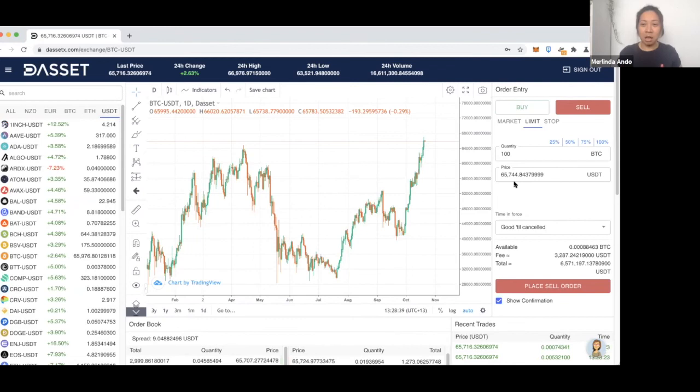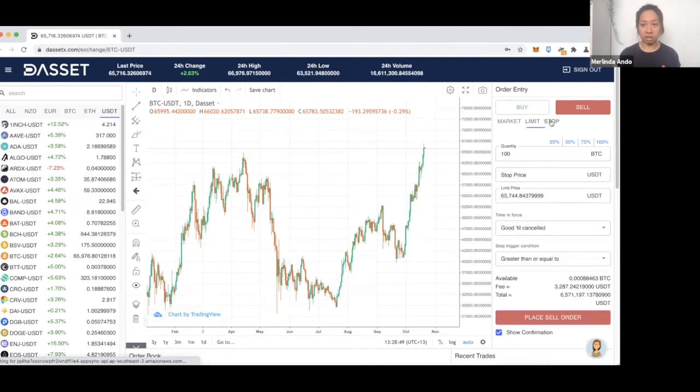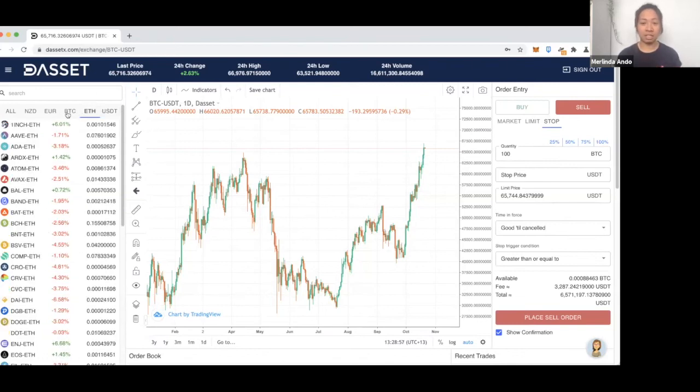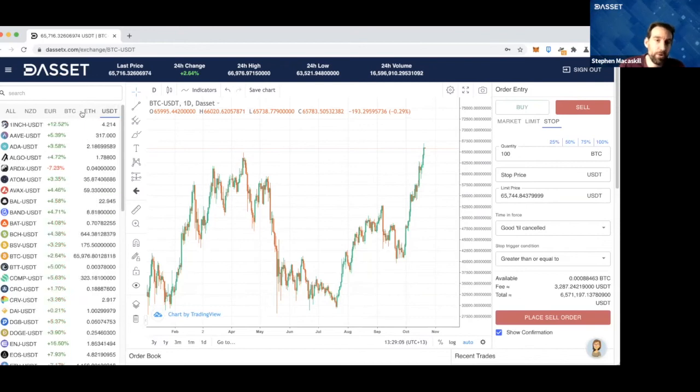One of the attendees mentioned that when you were doing sell, the stop button wasn't reflected on their end. Is this available in Dasset already, or is this still a sneak peek? Nope, so it is available. However, it's only available for crypto to crypto orders at the moment.